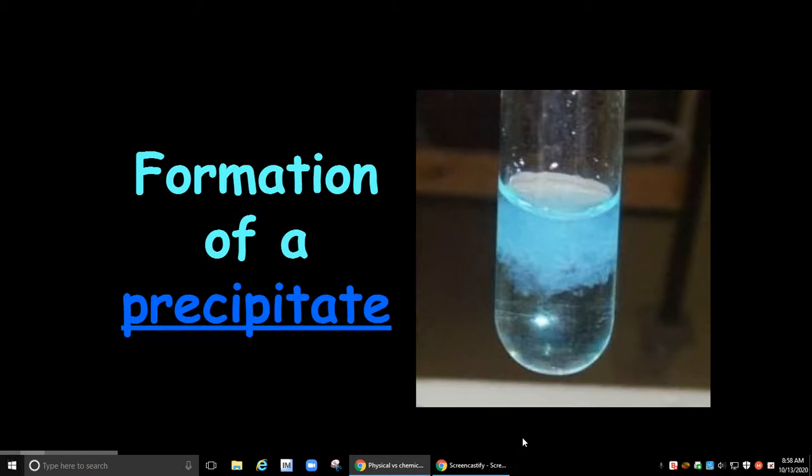Now this is the one that a lot of 8th graders struggle with, and that's the formation of a precipitate. A precipitate is when a solid forms when you mix two liquids. So if you take two liquids and combine them and a solid forms from that, that is evidence that a chemical reaction or a chemical change occurred.